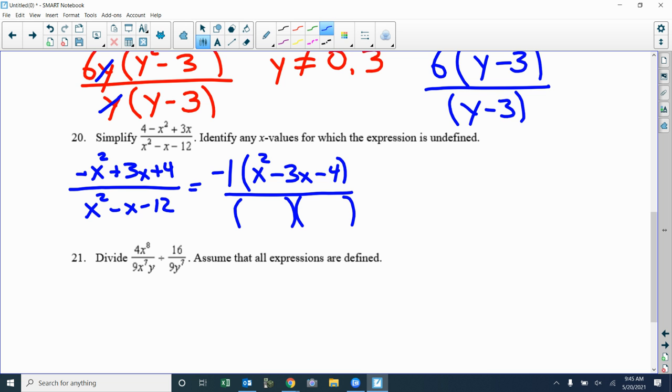Negative, negative, so one's negative, one positive, factors of 12, difference of 1 would be 4, so this is going to be x minus 4 and x plus 3. We still have a little bit of work to do. We're still going to factor this top, and then we have to figure out where we're undefined. So this top still does have negative 1 out front.